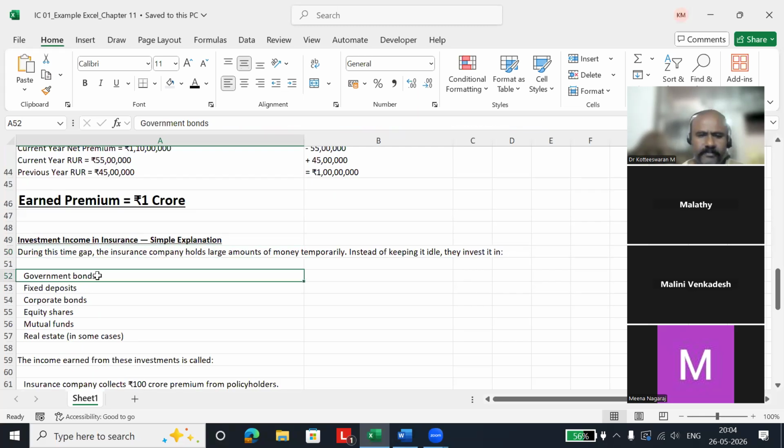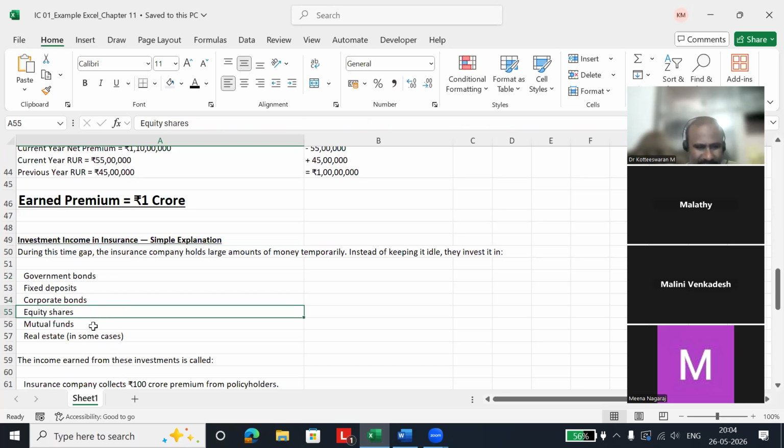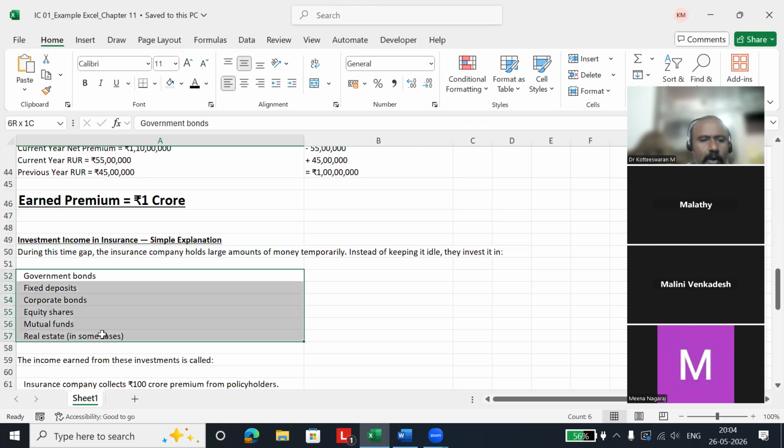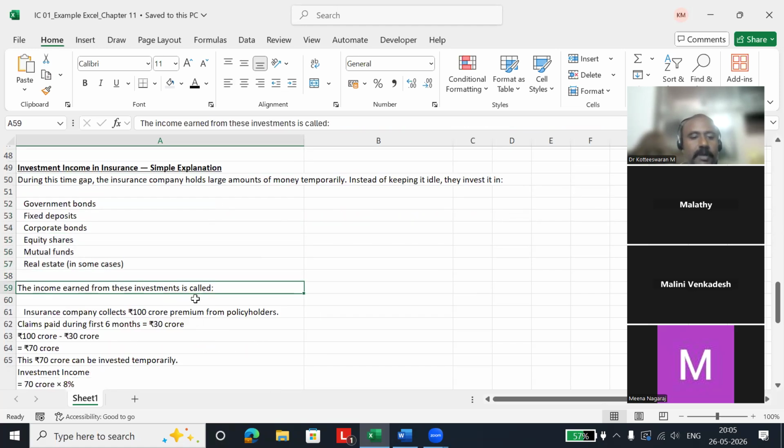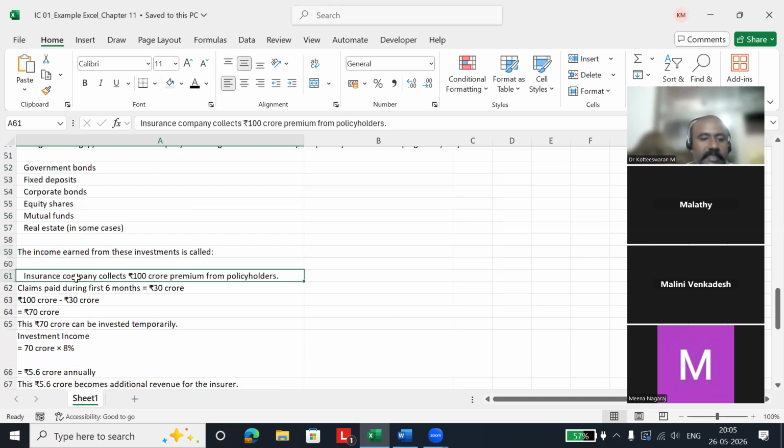So they will be investing in government bonds, fixed deposit, corporate bonds, equity shares, mutual fund, real estate. Wherever the insurance company is investing, these investments are governed by SEBI, Securities and Exchange Board of India. So the income earned from this investment is called investment income.